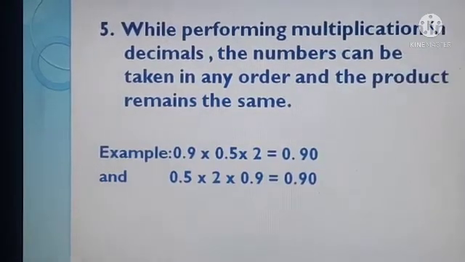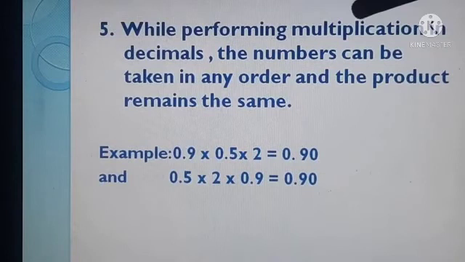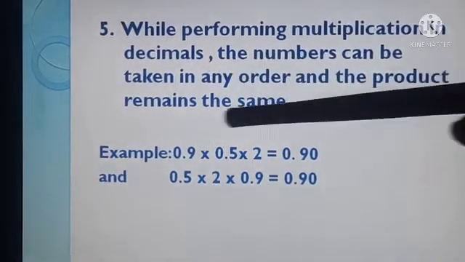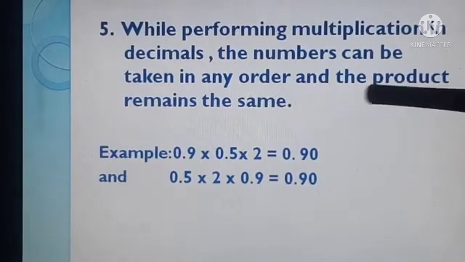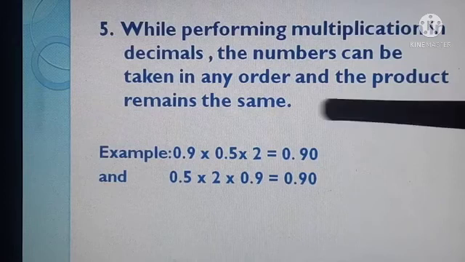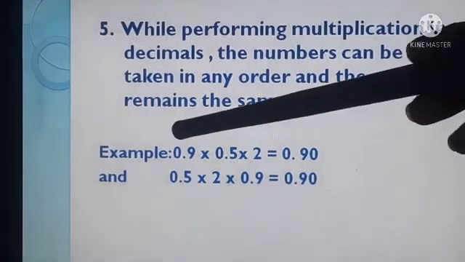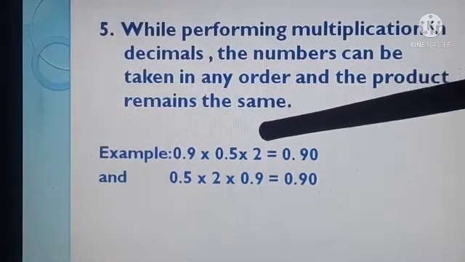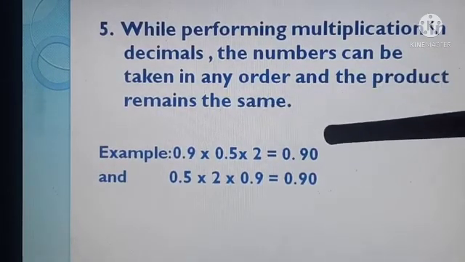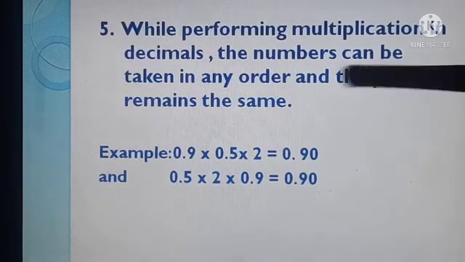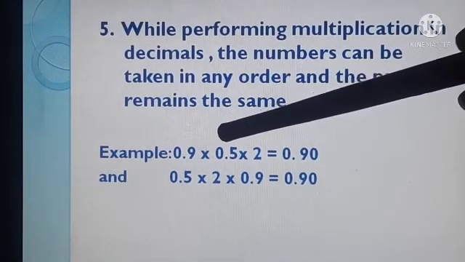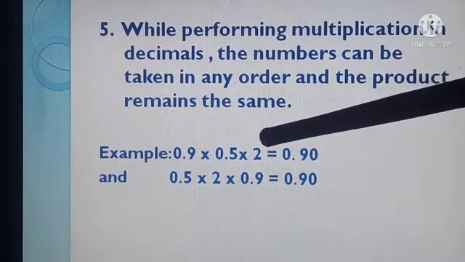Property number 5. While performing multiplication in decimals, the numbers can be taken in any order and the product remains the same. If we are changing the order, whether we are multiplying 2 numbers or 3 numbers or 4 numbers, and we are changing the order, then product will remain the same. See this example, 0.9 multiply 0.5 multiply 2.